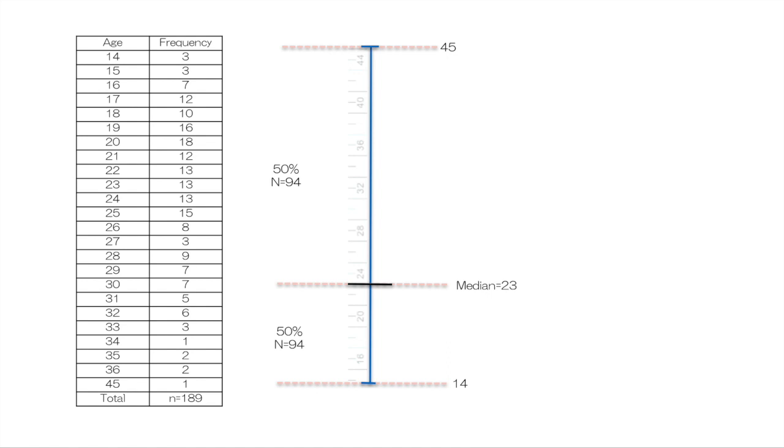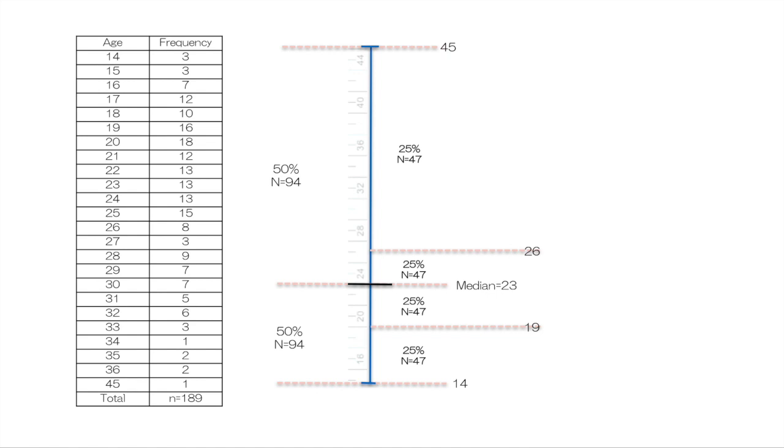If we divide these cases into four equally populated subgroups, as you see, we have 25% in each part of the group, or 47 people.